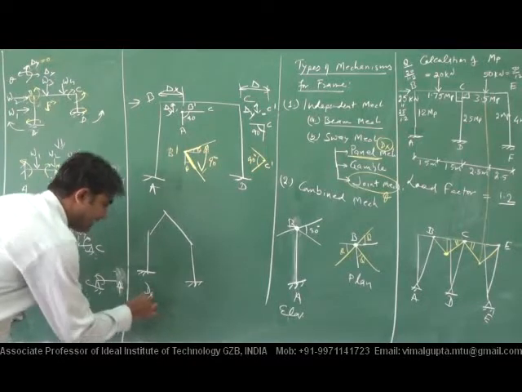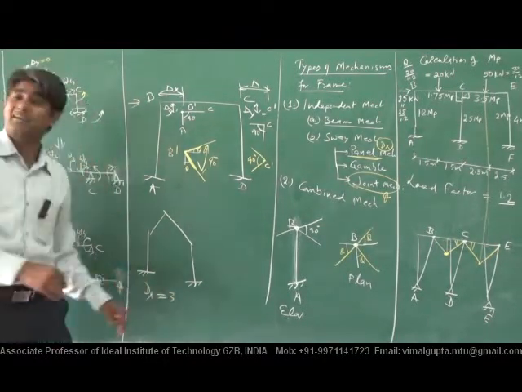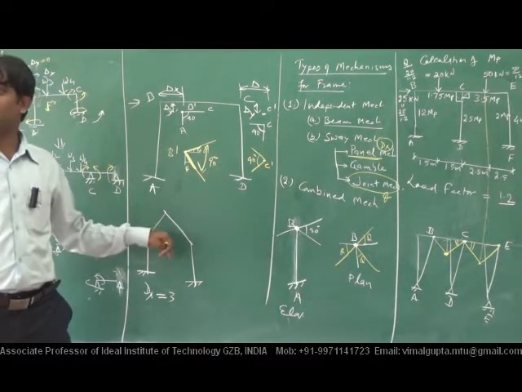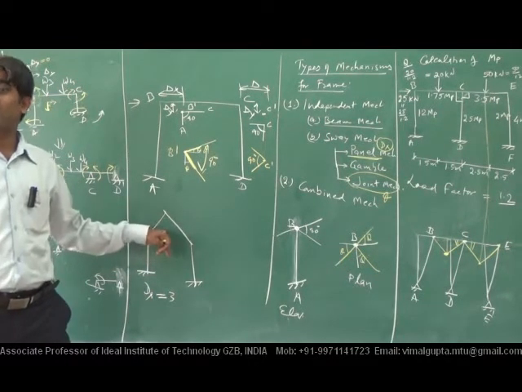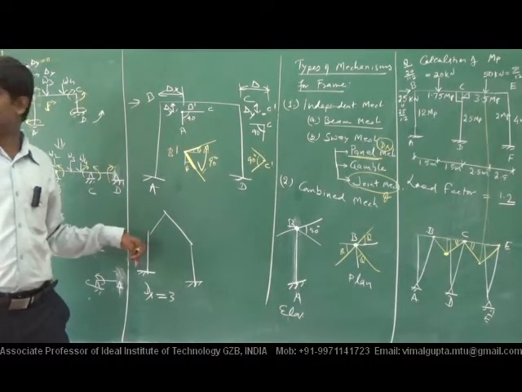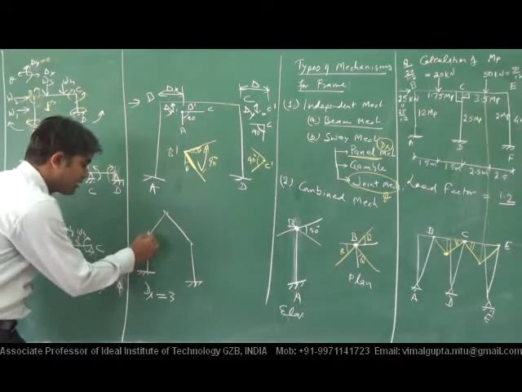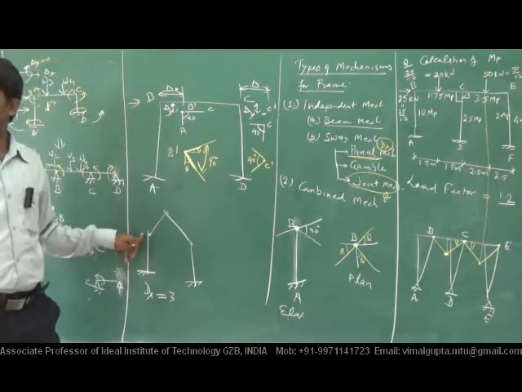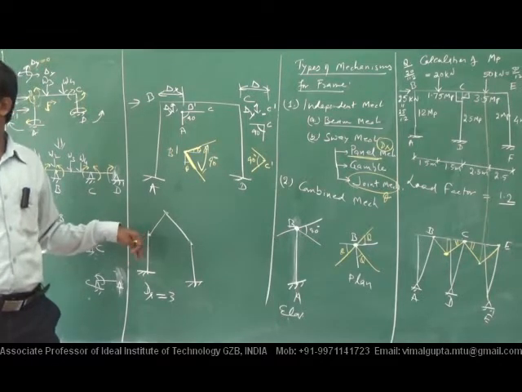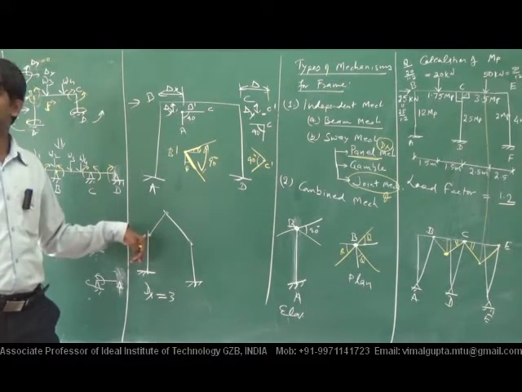Since it has a degree of static indeterminacy of 3, it will be only 4. How many joints does this structure have? 1, 2, 3, 4, 5. Since it has 5 joints, one joint must not have the plastic hinge.